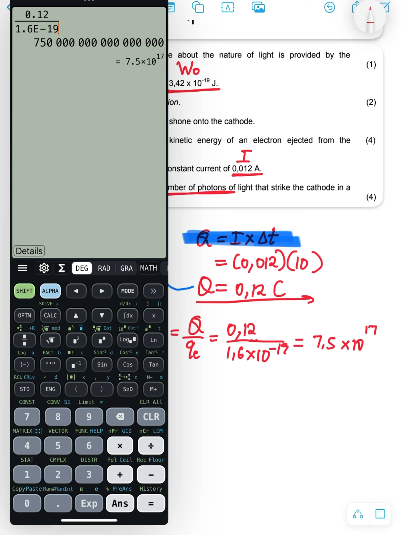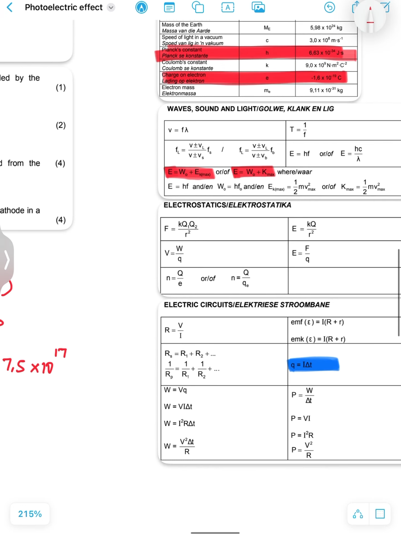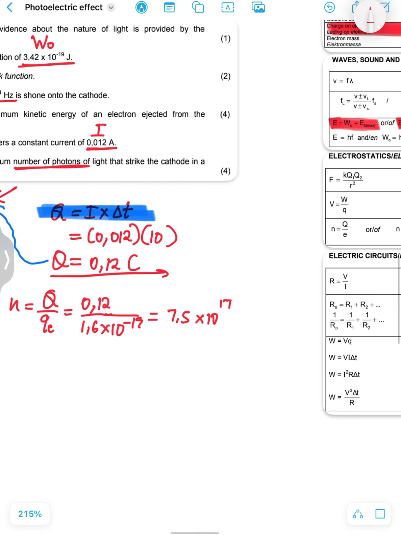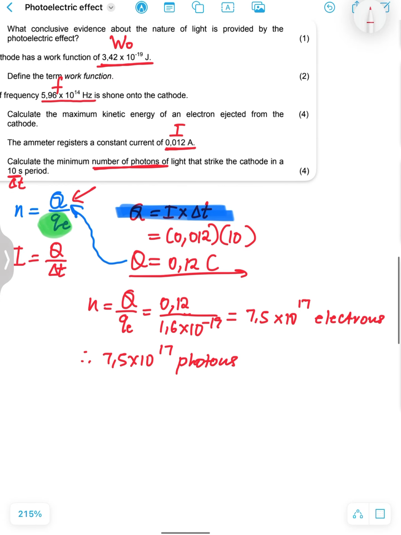So this is the number of electrons. Like I said, each photon ejects one electron, so the number of electrons is the same as the number of photons. Therefore, the number of photons is 7.5 times 10 to the power of 17 photons. That is the answer for 10.4.